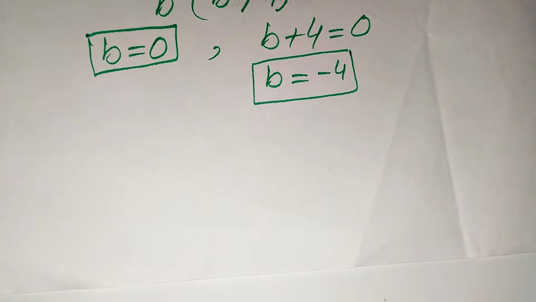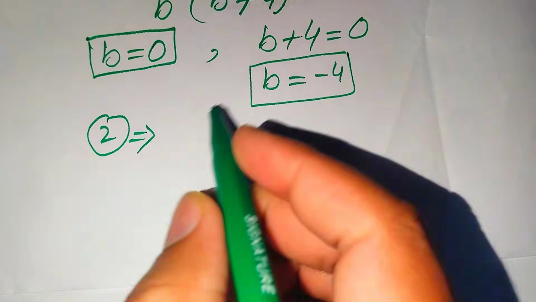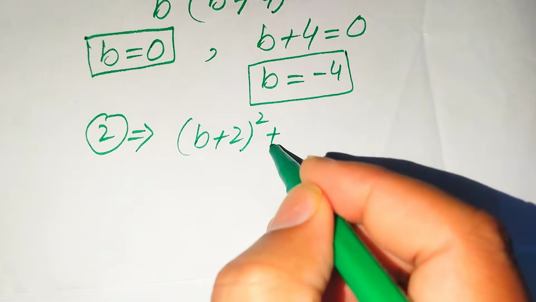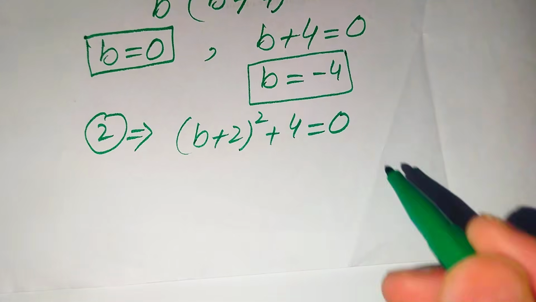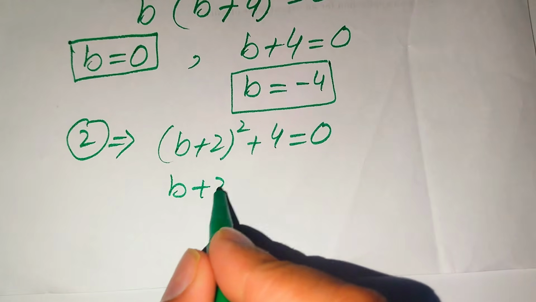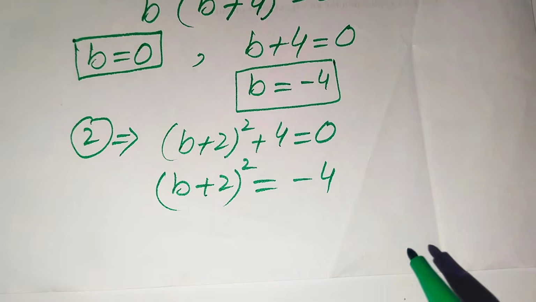Now in the same pattern we will solve equation number 2, which is copied down here: (b+2)^2 plus 4 equals 0. Here we move plus 4 to the right hand side, and we get (b+2)^2 equals minus 4.